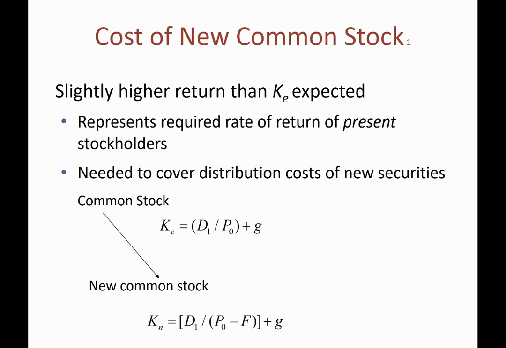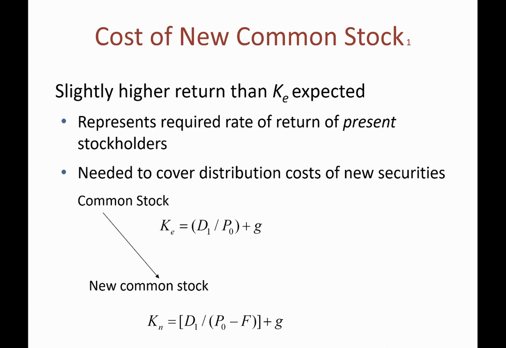The cost of new stock, of course, is going to be higher than our current cost on the existing shares. The reason is that when you issue new shares, you have to incur some selling and administrative cost, and because of that, you end up having a higher required rate of return, or a higher cost, on the issue of new shares.